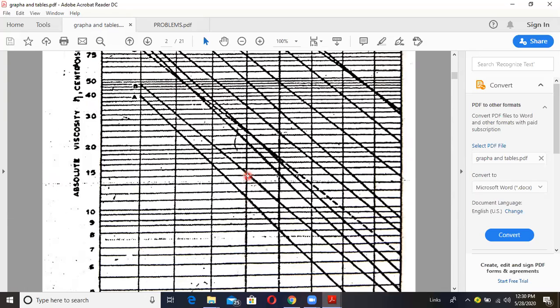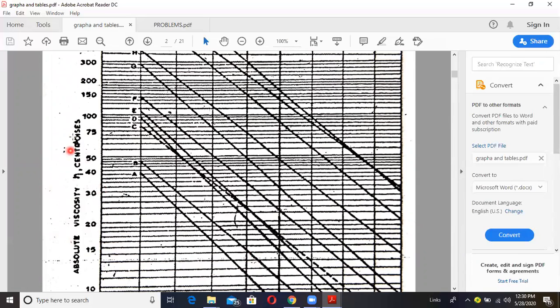So here the B curve is there. Now it is touching the B curve. Now you come like this. Somewhere here below the 15 we are getting it. So it is 10, like that 11, 12, 13, somewhere we got. Therefore we are going to take 13. It is in centipoise. Ensured.